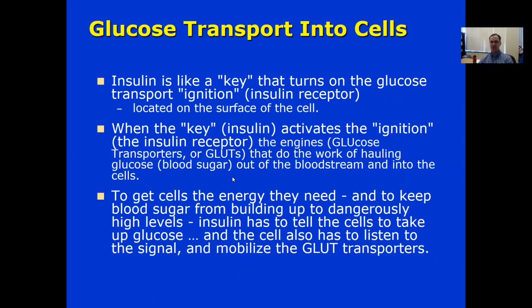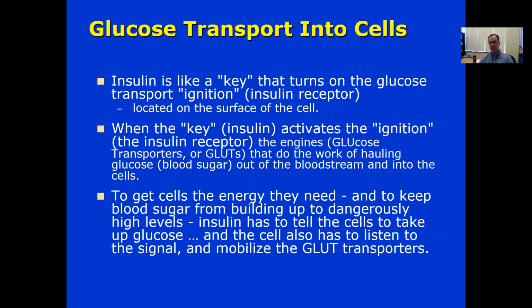And again, as we mentioned in previous slides and videos, insulin is like a key that's going to turn on the glucose transport ignition. So in our case, and what we just saw, it basically activates the GLUT4 transporter. When the key, or insulin, activates the ignition, the insulin receptor, the engines or glucose transporters that do the work of hauling glucose out of the bloodstream and into the cells are activated.